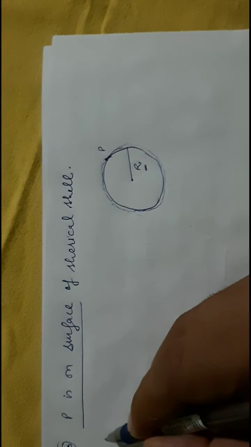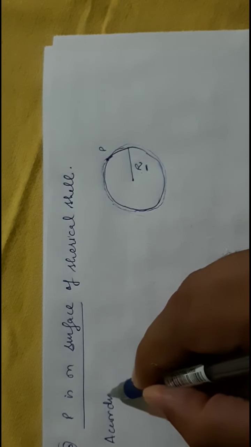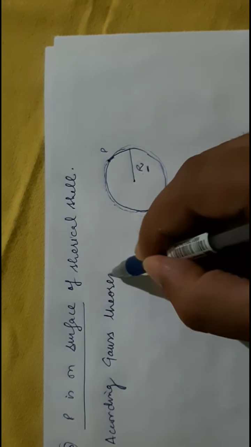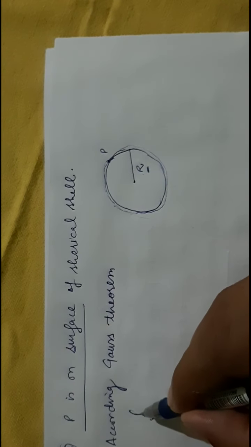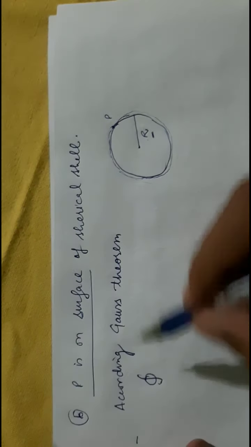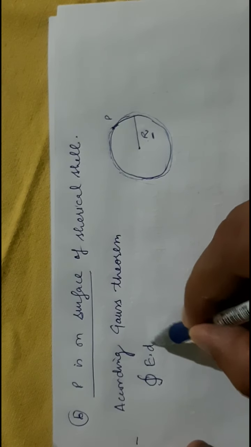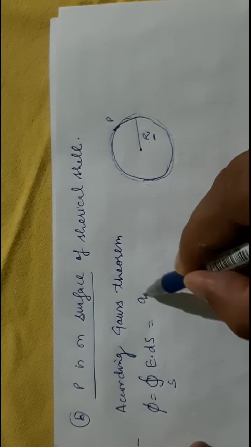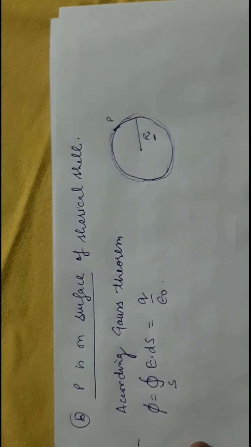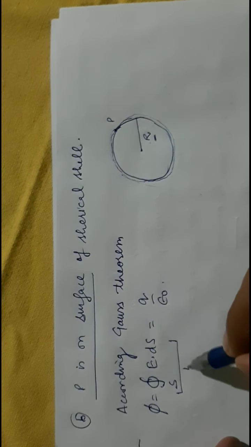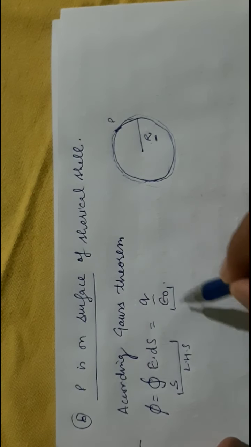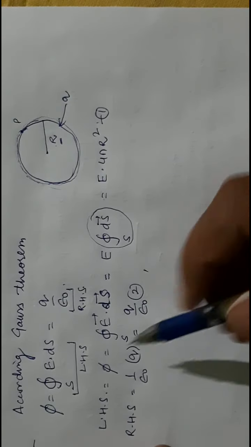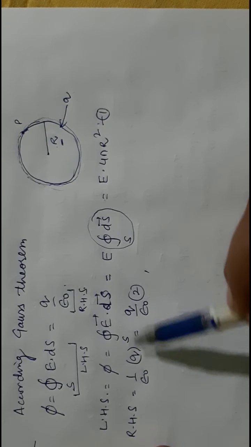Now, according to Gauss theorem, the total flux coming out of it, that is the surface integral of E dot ds, is equal to the total charge enclosed divided by epsilon naught. So this part is our left hand side and this is our right hand side. We start with the left hand side.